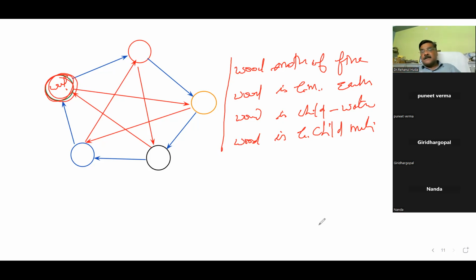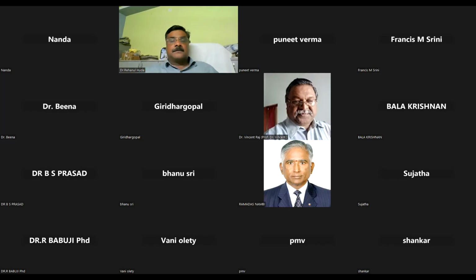And these five elements in our body are governed by five different organs.